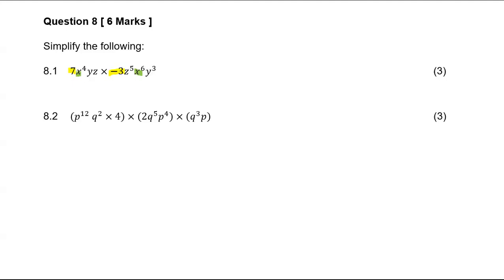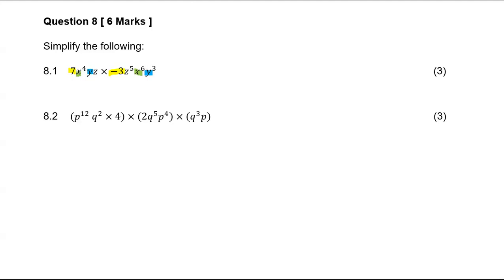What about the y's? Y to the exponent of 1 times y to the exponent of 3. I'll write it as a base of y and add exponents. 1 plus 3 gives me 4. So it'll be y to the exponent of 4.